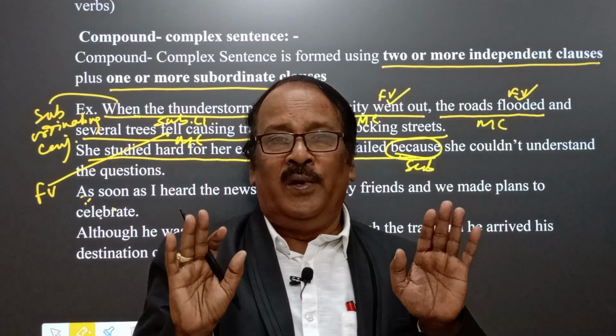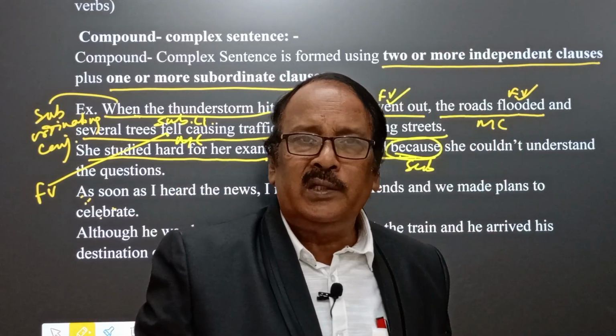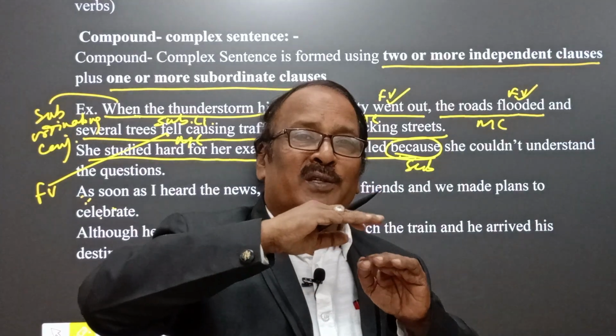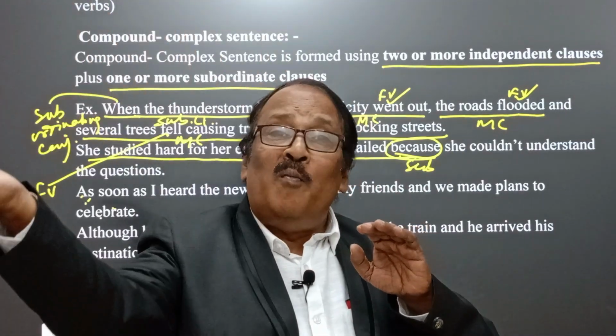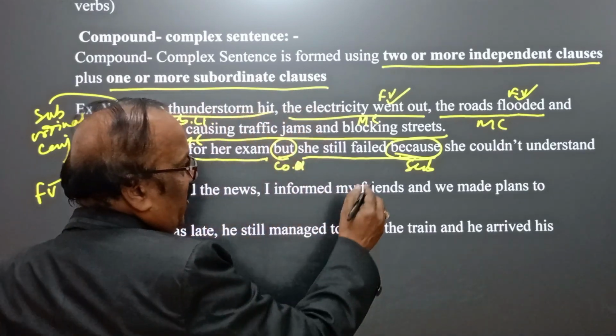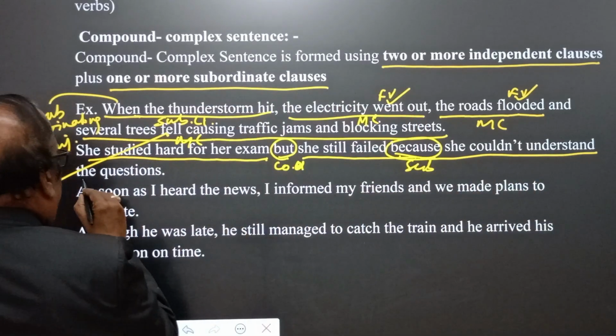Conjunctions are of two types. One is coordinating, used whenever compound sentences are formed, and the other is subordinating conjunction, used whenever complex sentences are formed. Remember, because she couldn't understand the questions.